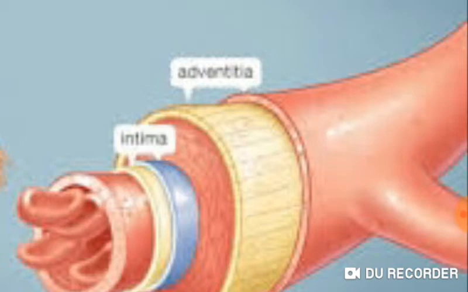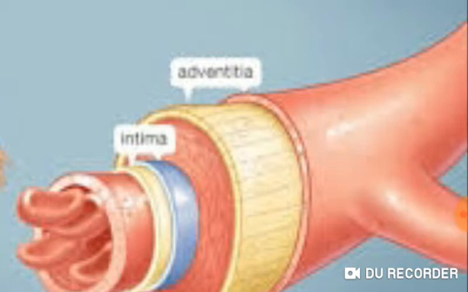Subcritical limb ischemia is associated with ankle systolic pressure more than 50 millimeter mercury, and critical limb ischemia is associated with ankle systolic pressure less than 50 millimeter mercury.